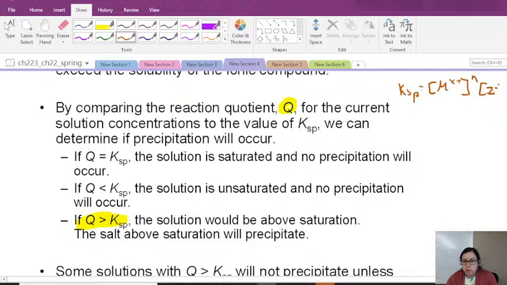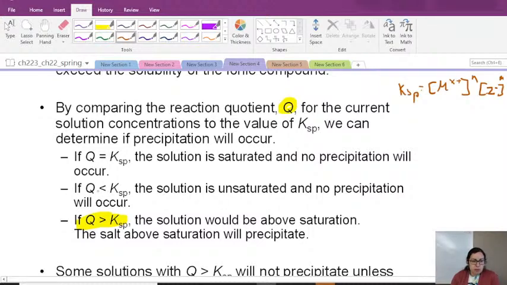Of course, now I need more variables. Basically, if our snapshot is greater than our KSP, then our solution is oversaturated and we will get a precipitate.